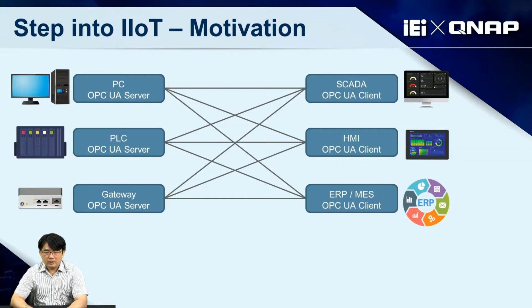Latency can be effectively reduced by using QNAP QIoT as a buffer. Normally in each OPC UA client, settings are made for each OPC UA server, but with the QNAP NAS, we can achieve centralized communication, management, and data storage.